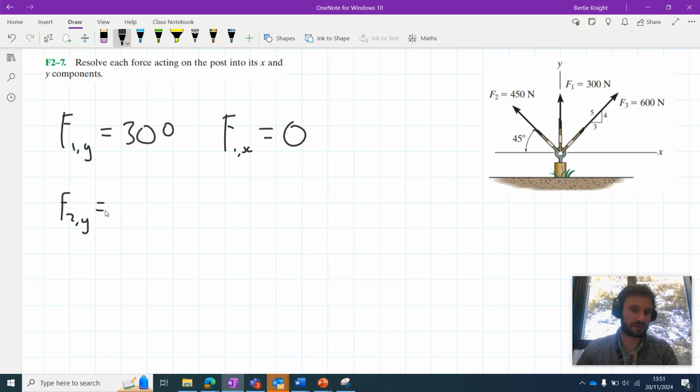So we can say F2y, its vertical component, by inspection. If you're unfamiliar with what I'm doing here, I'll put a link up on the screen now. But by inspection, we can say F2y is 450 sin 45.